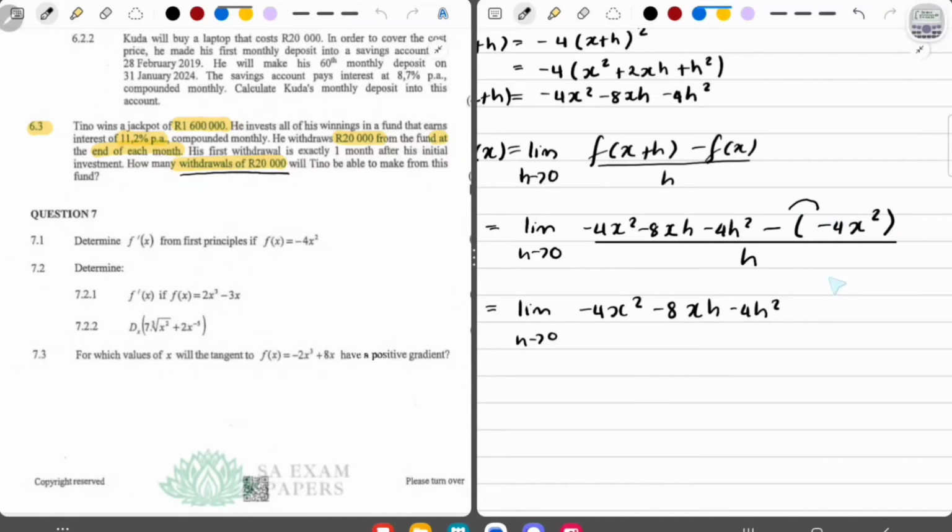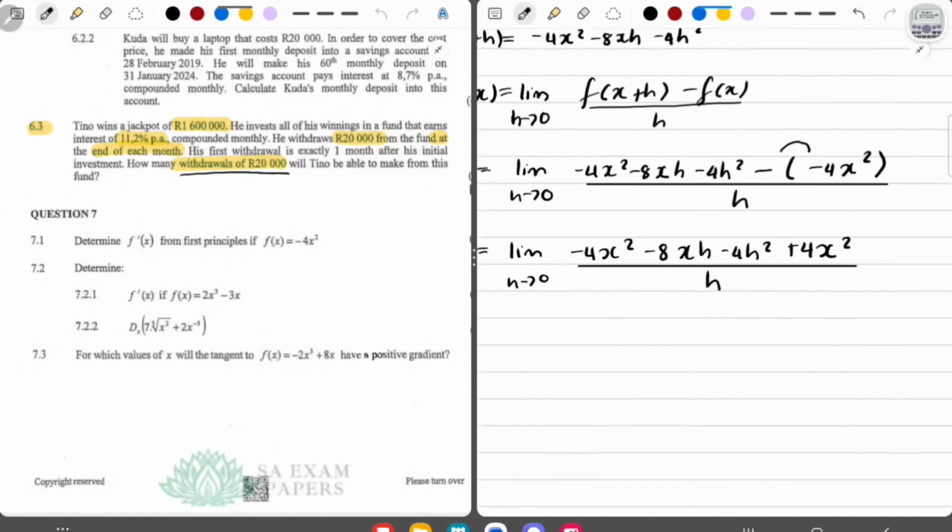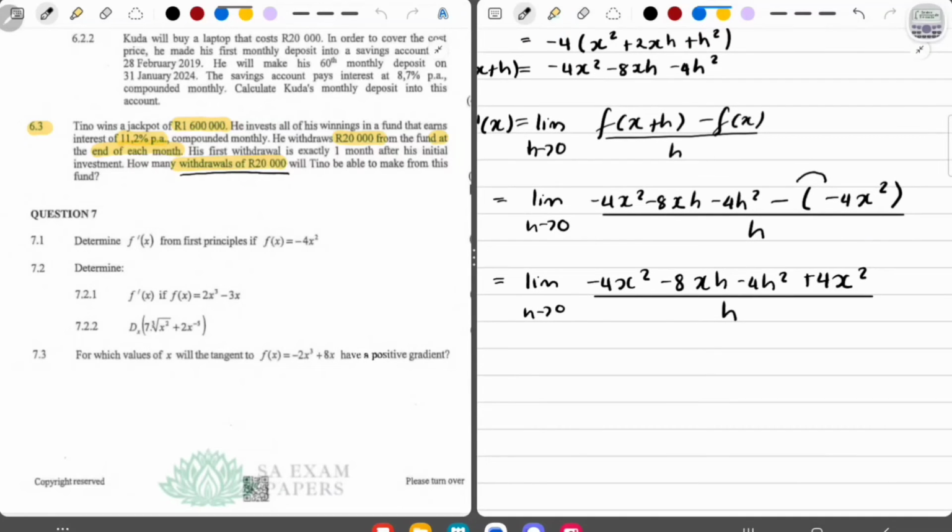Then we're going to distribute that in. That is positive 4x squared, and this is going to go all over h. Now, you will notice that whatever you subtracted by, that's what's going to cancel here. So you're just going to have to look for what looks like this, the 4x squared, and you can see there we have that.